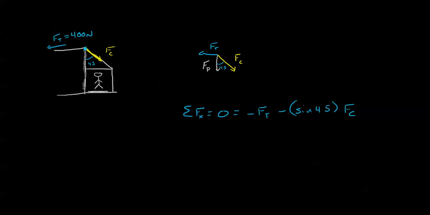If we do that, force C equals about 565 newtons. Another way that we could have done this is we know that the horizontal tension force of T is equal to the horizontal force of C, the yellow. Well, it's a 45-degree angle.